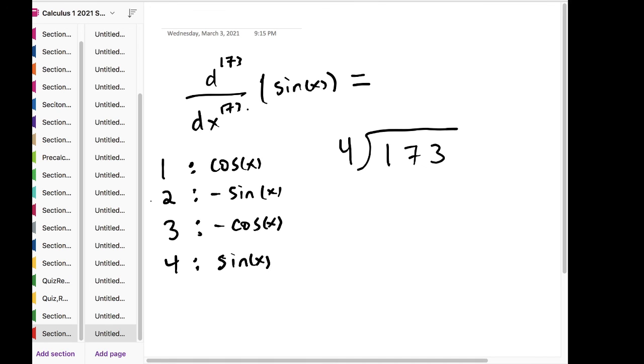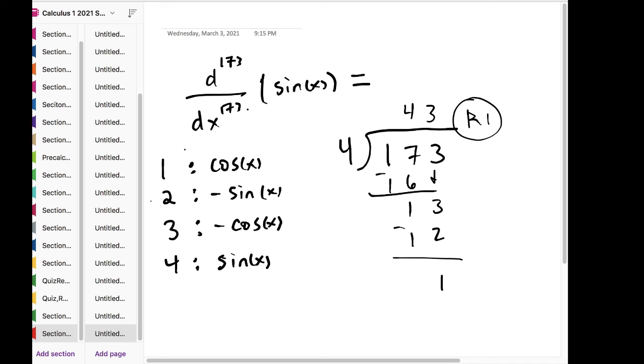Okay, so what is this? 4 into 17 goes 4 times. 4 into 13, was that 3 times? Remainder 1. So the remainder, so it's cosine.